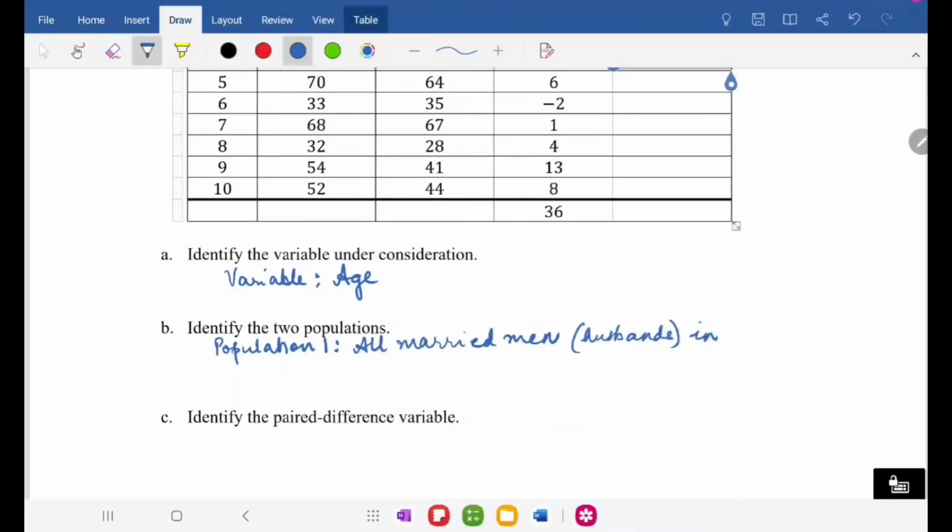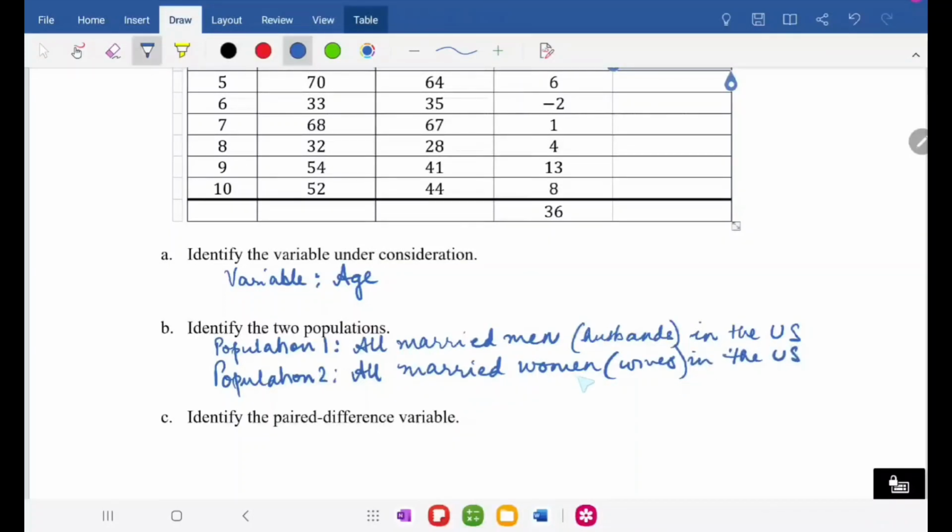That's our population from which we drew the sample for population 1. Our study is only concerned with the age of married men in the US, and population 2 will be all married women or wives in the US.